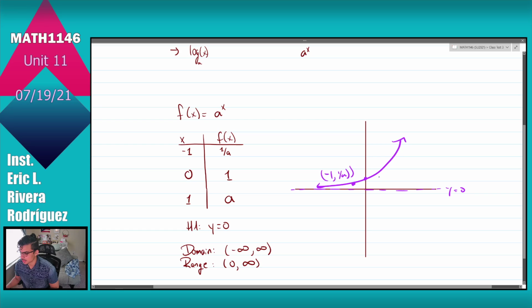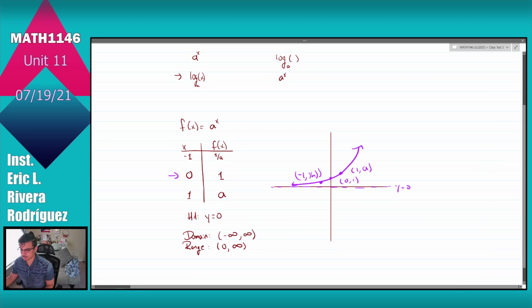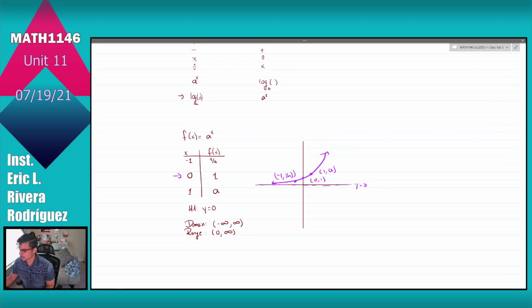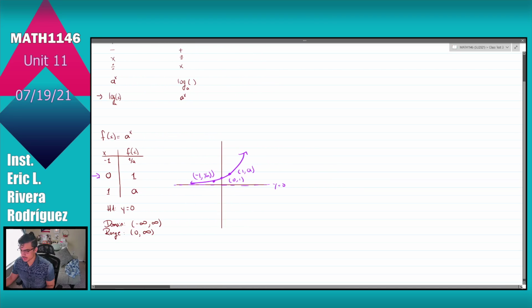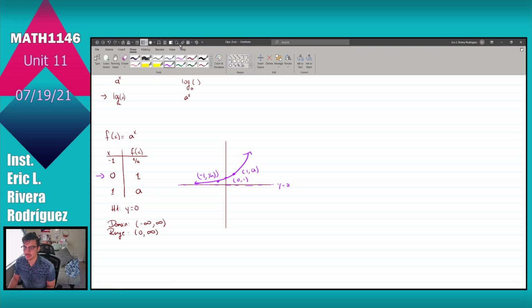Here it will be 0, 1, and here is 1, comma a. When x is equal to 0, we call this one the initial value. So that's a review from the previous class. Why are we seeing this? Because now we are going to compare this with its inverse function, which is the logarithmic function.